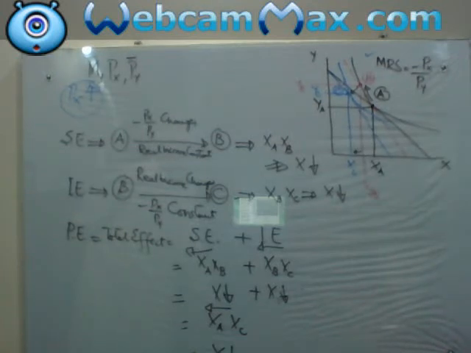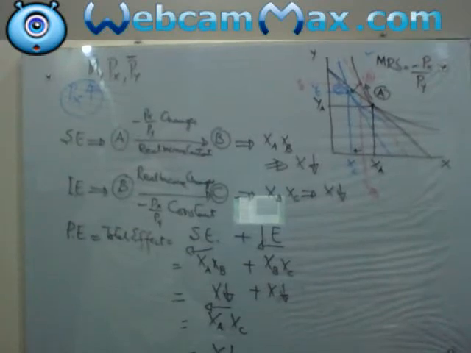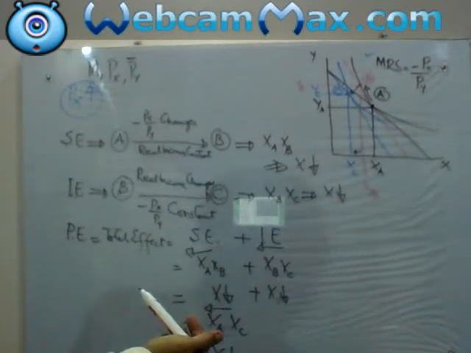That is the normal phenomenon. When some commodity becomes expensive, individuals are going to reduce consumption of that commodity.